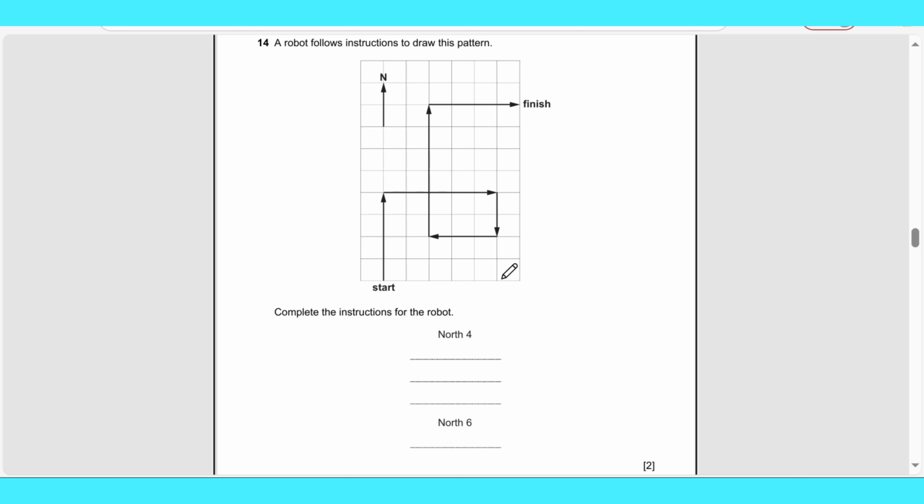Now let's get back to the answer for this. So the answer for this is, after north 4, it will go 1 2 3 4 5 to here, which is east.